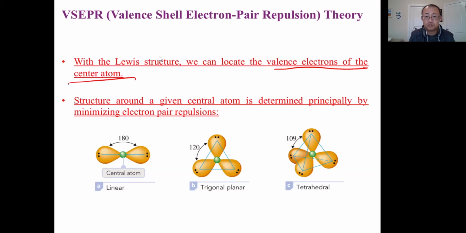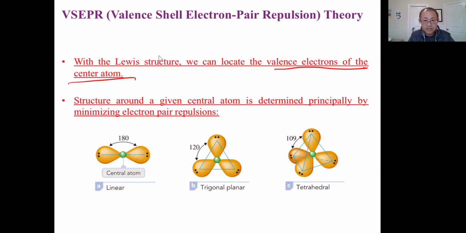That repulsion helps us determine the geometry, because the molecule will adopt a geometry that minimizes the repulsion, so that the electron groups have minimum repulsion.